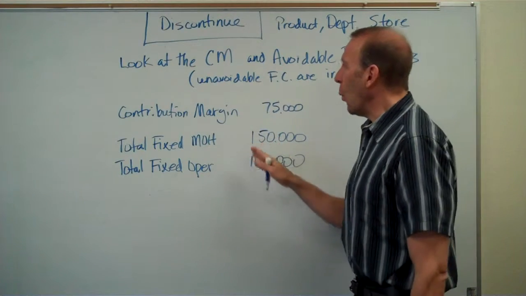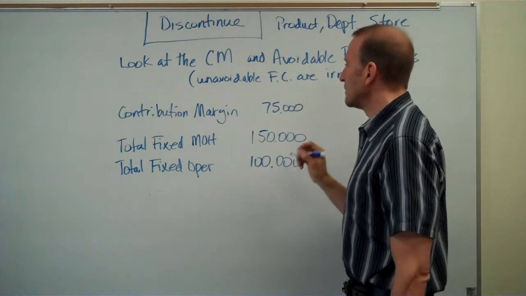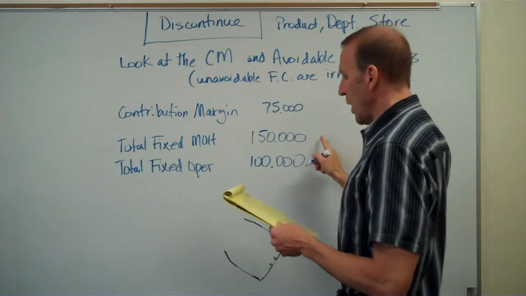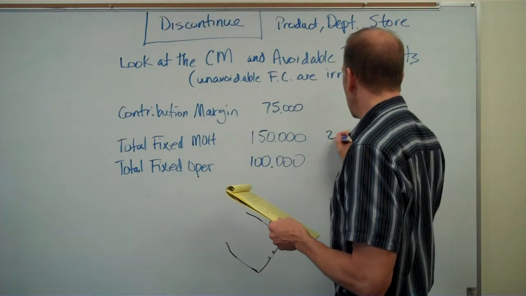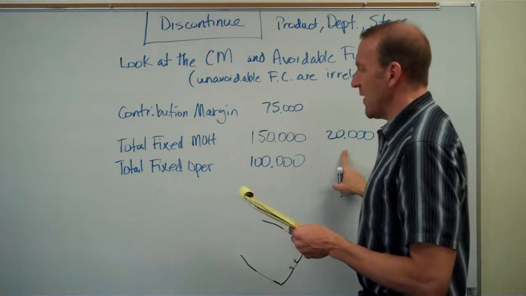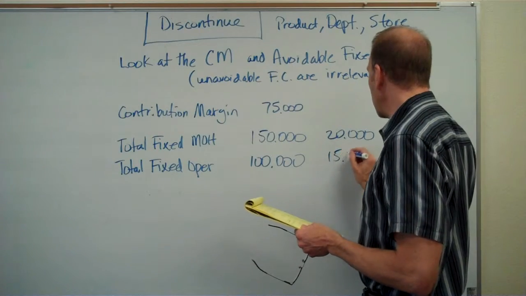But we need to look at just the avoidable fixed costs. In our situation, let's say that $20,000 of the fixed manufacturing overhead is avoidable. For the fixed operating costs, let's say that only $15,000 is avoidable.